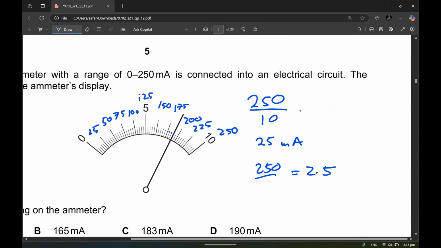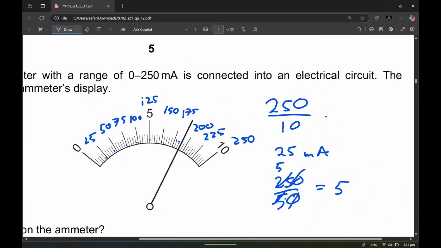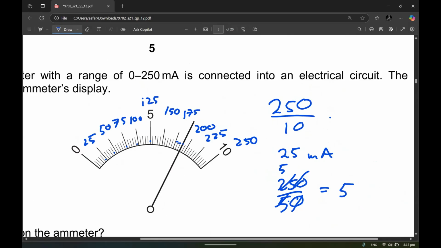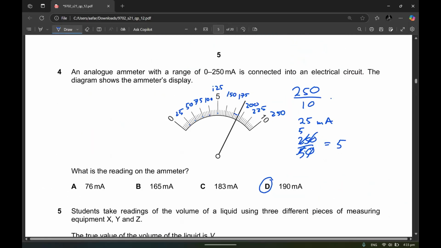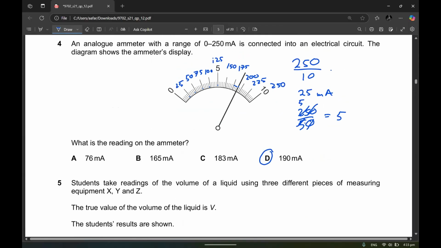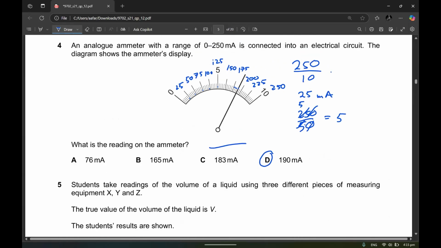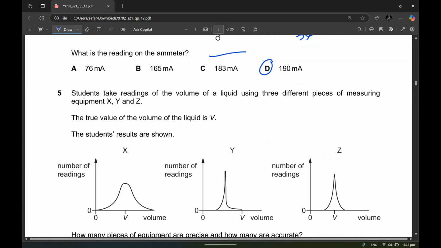Sorry, it's 50 actually, right? 5, 10, 15, 20, 25. Yeah, but it's 50, so it's 5. Right. Okay, so 180, 185, 190, 190 milliamperes. Yep. I don't think this question will come because analog ammeters are out of date now.